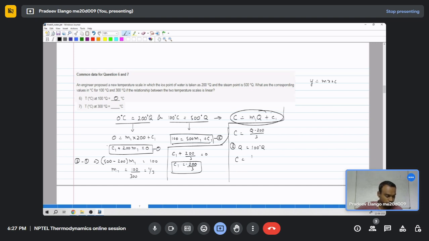So this is 100 minus 200 by 3. So it will become minus 33.3 degrees Celsius. And similarly, for the next problem we have 300 degree Kelvin. So C is equal to 300 minus 200 by 3, and this is 33.33 degrees Celsius.